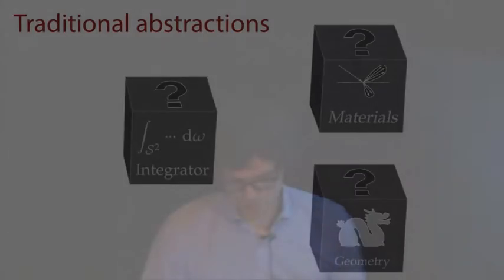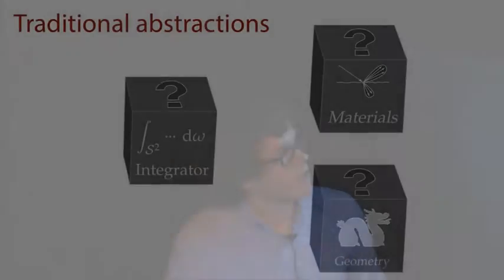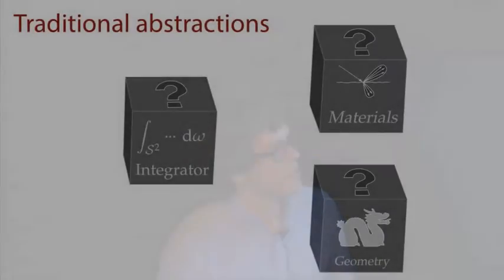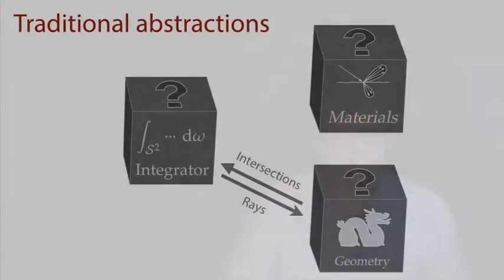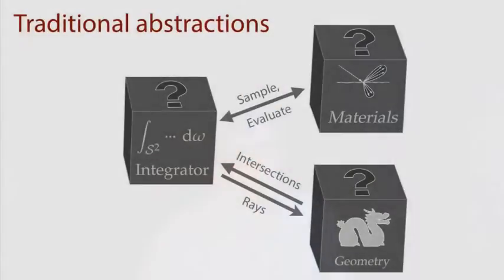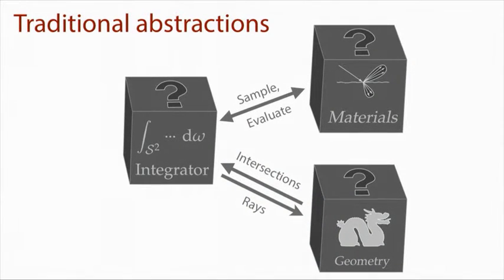So we have black boxes for the rendering algorithm, which is called the integrator here, and then for the materials and the geometry. And these communicate with each other through standardized operations, such as finding intersections against the scene geometry, querying the material models. And then more recently, it's also become popular to use Markov Chain Monte Carlo together with this.